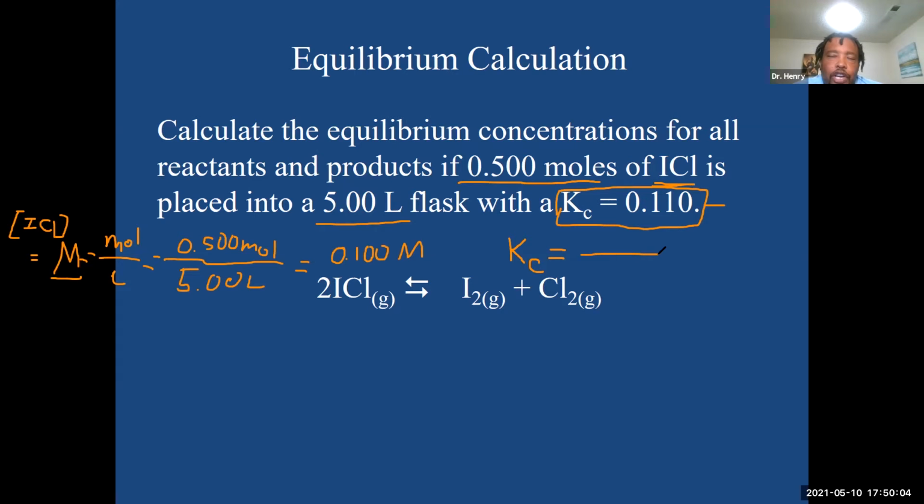So what is it going to be equal to if it's going to be this ratio? Would it be your products over your reactants? That's right. It's going to be the concentration of my products over my reactants.